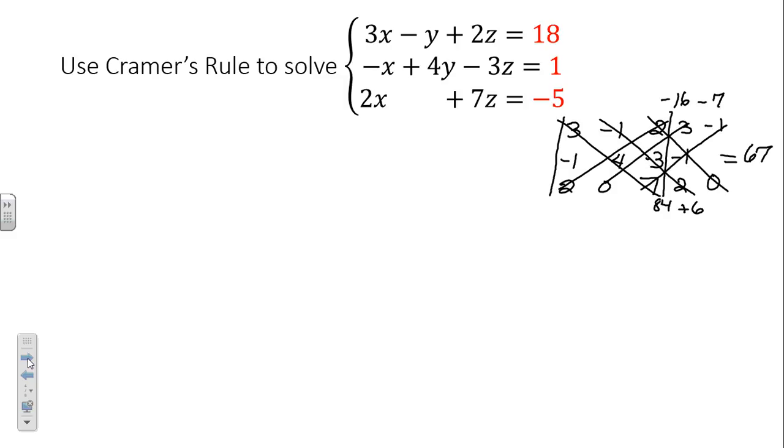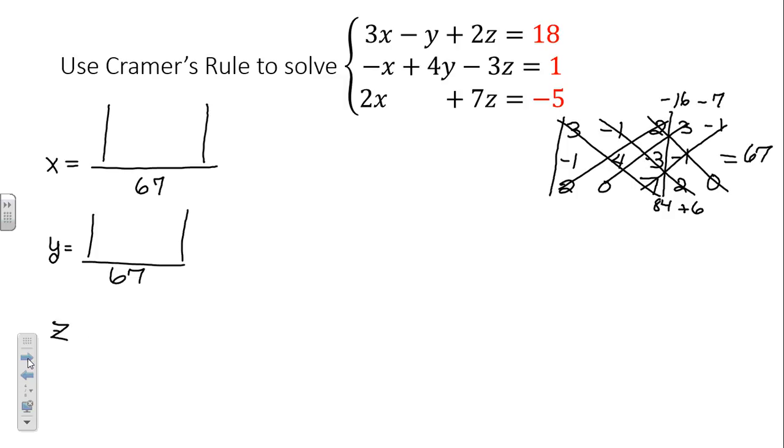So no need to rewrite it over and over and over again. Okay? To find x, we're going to use that determinant with the x column removed and replaced over 67. To find y, same idea, over 67. And to find z, okay? So we're replacing our first column with 18, 1, negative 5.